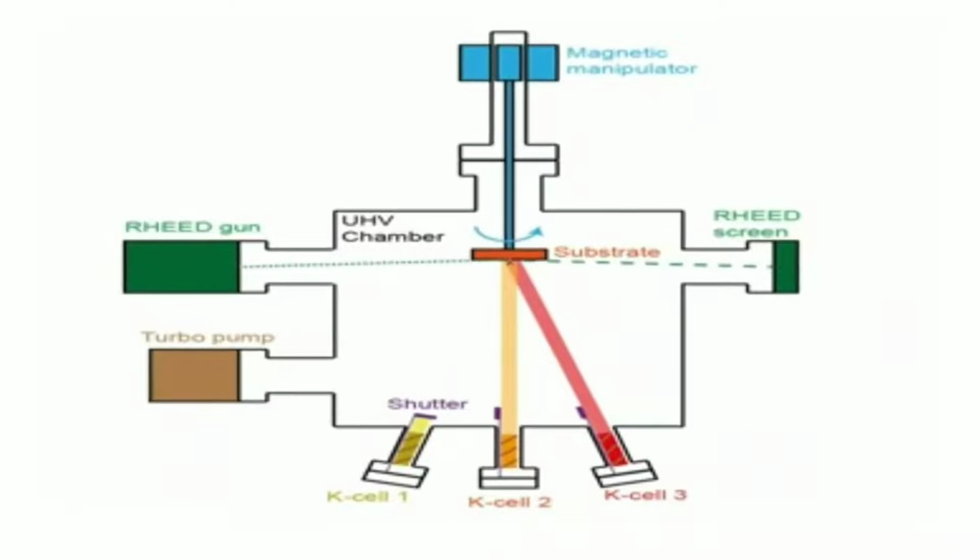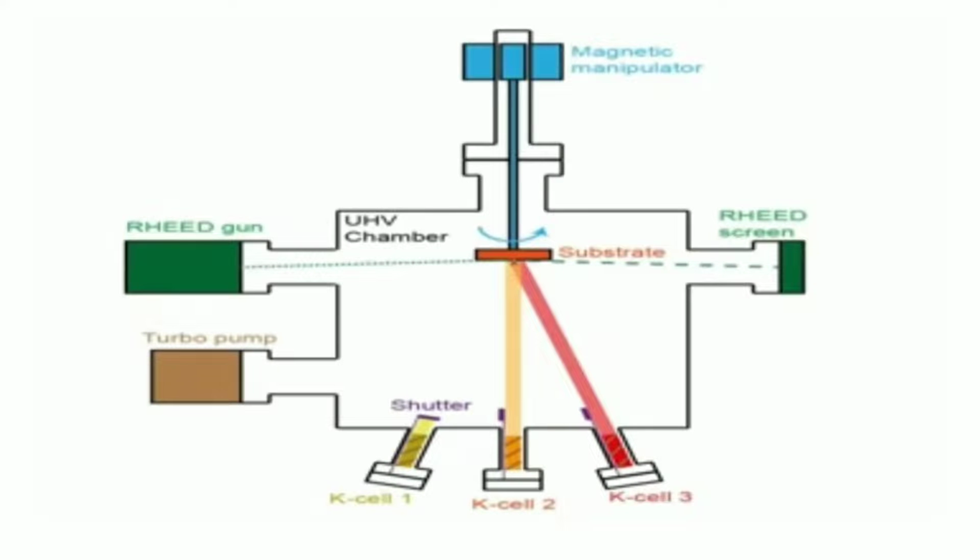So here is the diagram of the apparatus. Here we get molecular beams with the help of certain cells referred to as effusion cells, by converting certain materials into vapor form, and they are also referred to as evaporating cells.